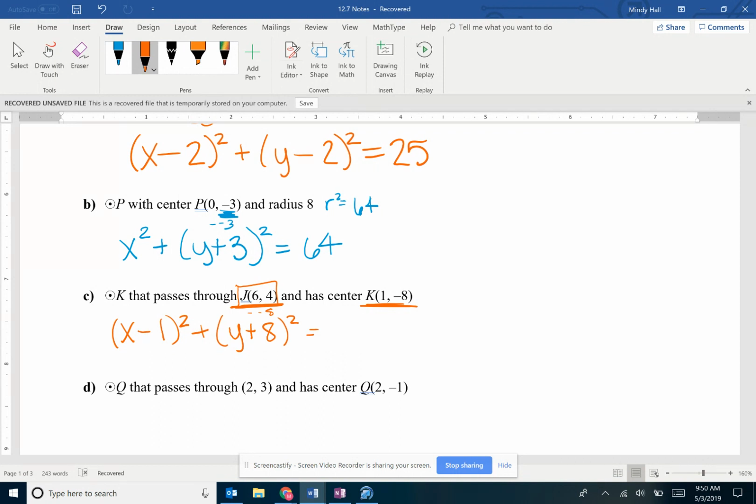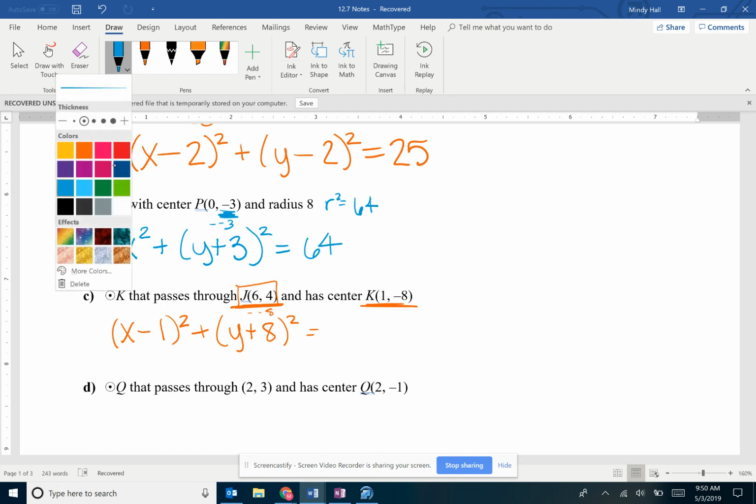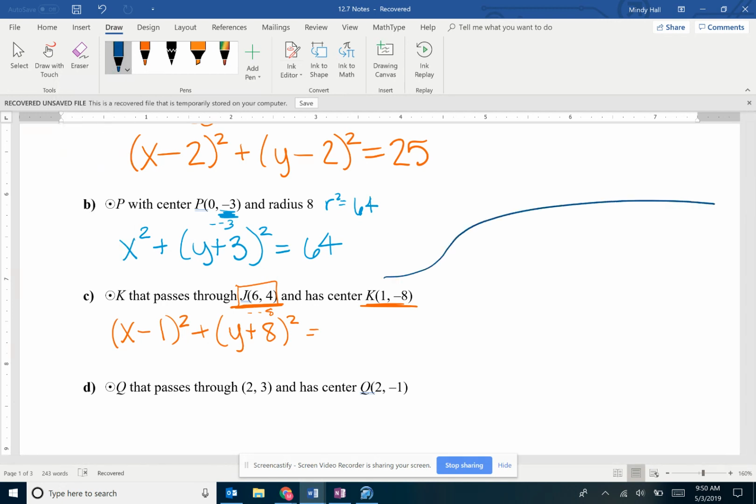So to get the radius, I'm going to come over here in dark blue and give myself some space, and use the distance formula. Distance is the square root of your x values and your y values, going from your center to whatever point it passes through.